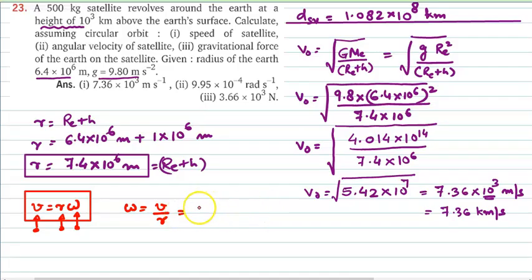V we have found out as 7.36 into 10 to the power of 3, isn't it? And what is the radius of motion? Radius of motion is 7.4 into 10 to the power of 6. यही तो है ना रेडियस ऑफ मोशन. इन दोनों को आपस में डिवाइड कर दो.